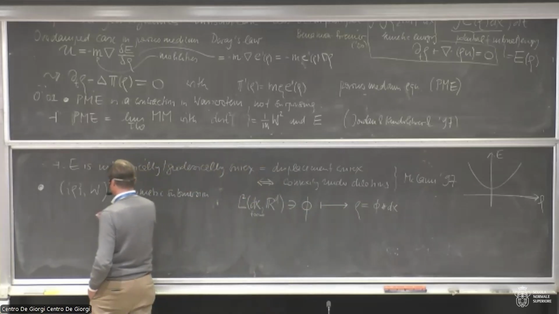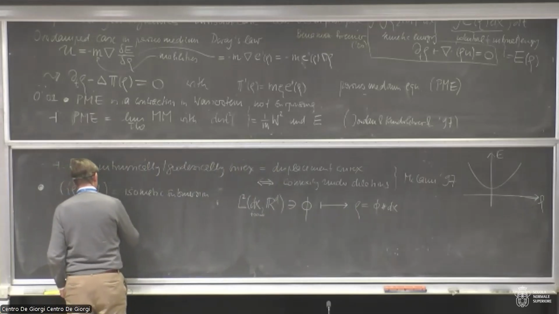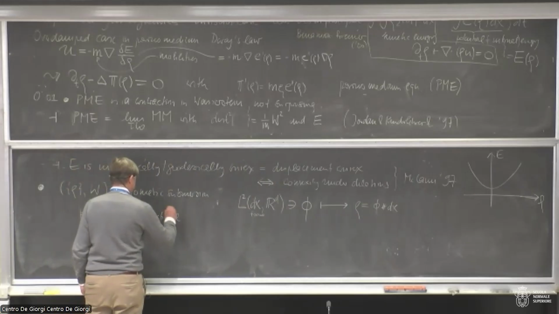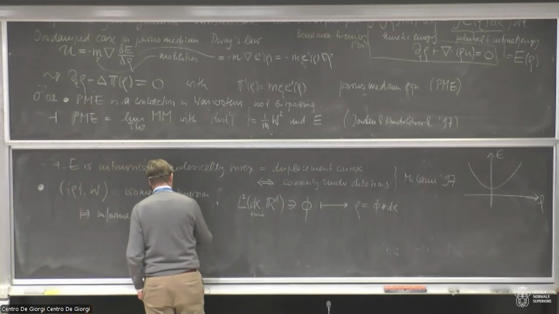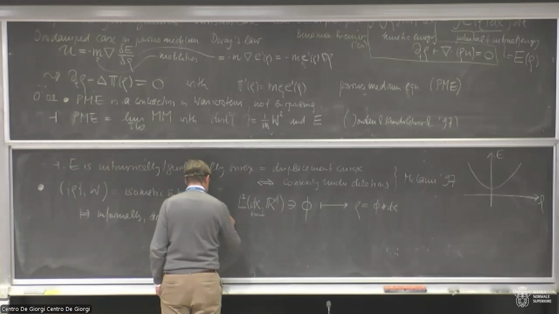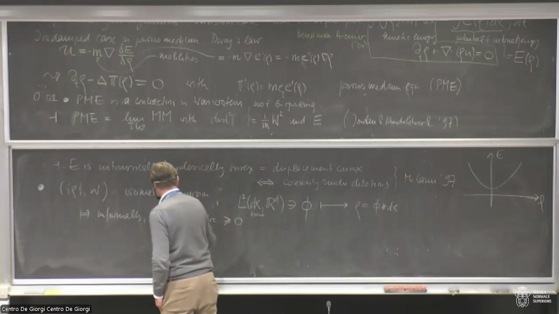The consequence of this was that, at least informally, sectional curvature, of which you can write down a formula, is always non-negative. And in fact, it's mostly strictly positive if you're in dimension larger than 1.